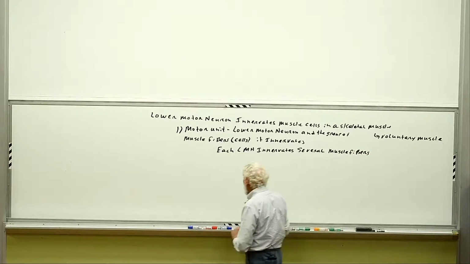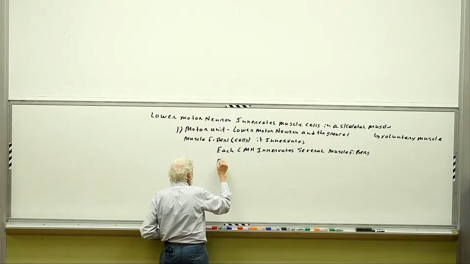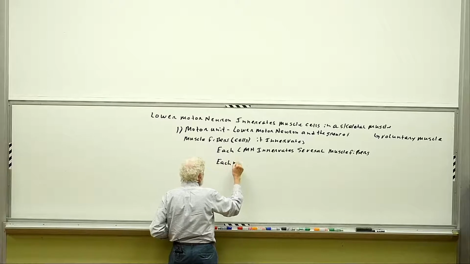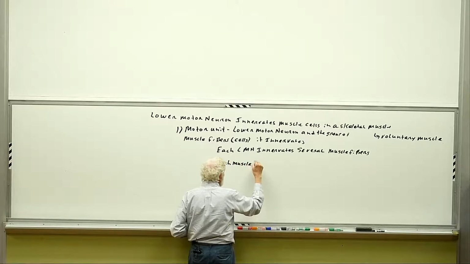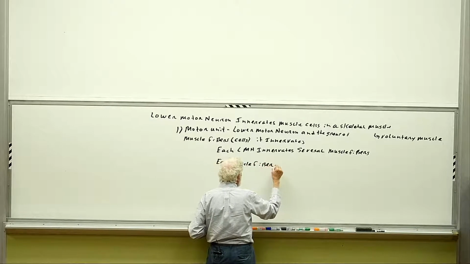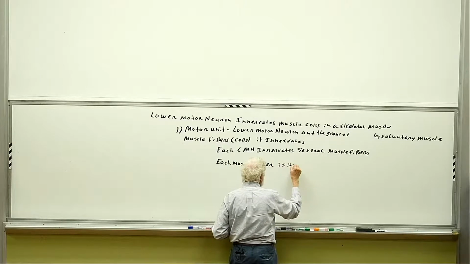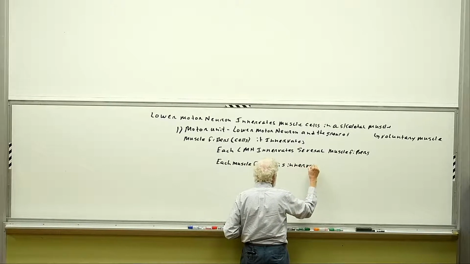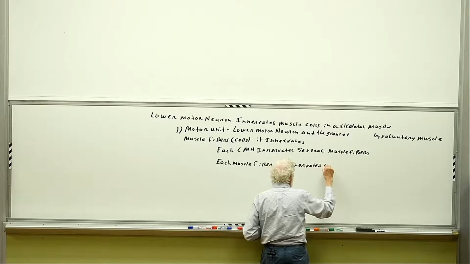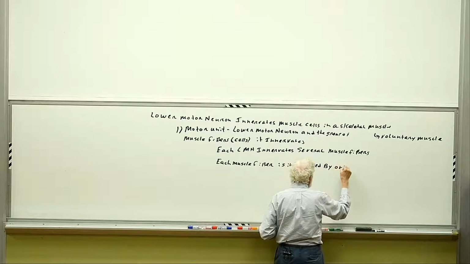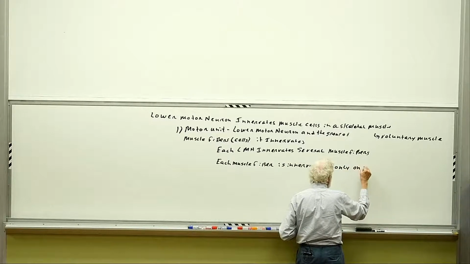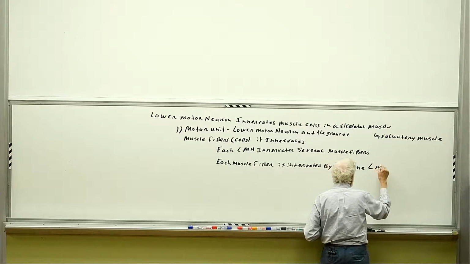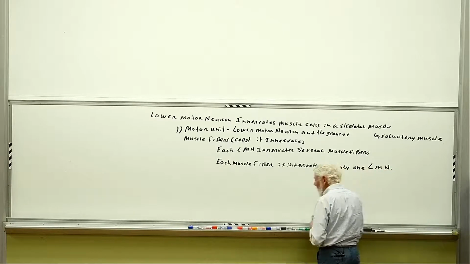But having said that, each muscle fiber is innervated by only one lower motor neuron, at least in the adult.